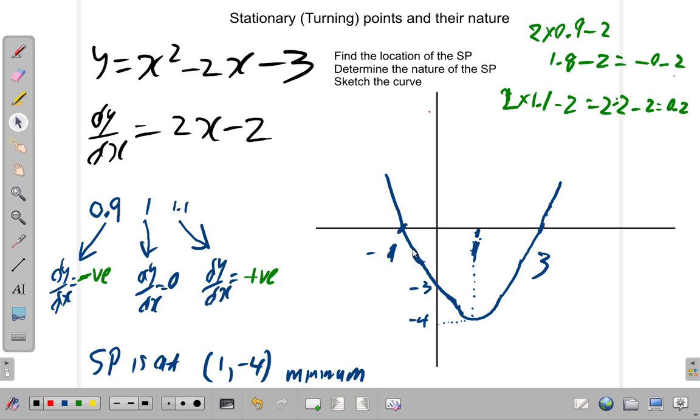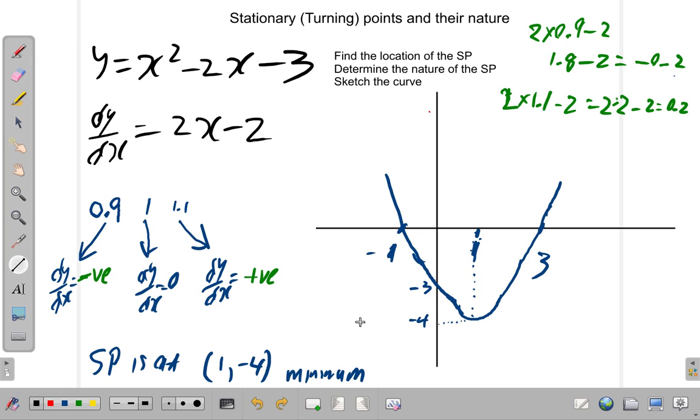So we had a negative gradient on the left.